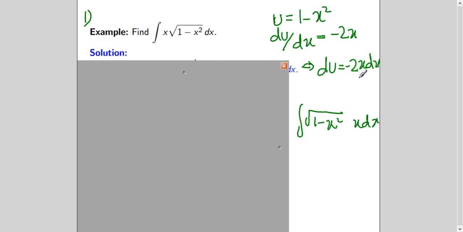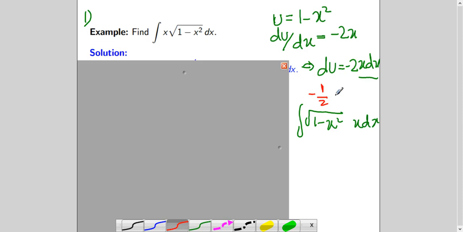So you see I'm already getting x dx here. Only this part is extra, so let me bring it down here. This part will become minus 1 over 2 du is equal to x dx. So I can replace this whole x dx by minus half du, and root 1 minus x square I can replace by root u.